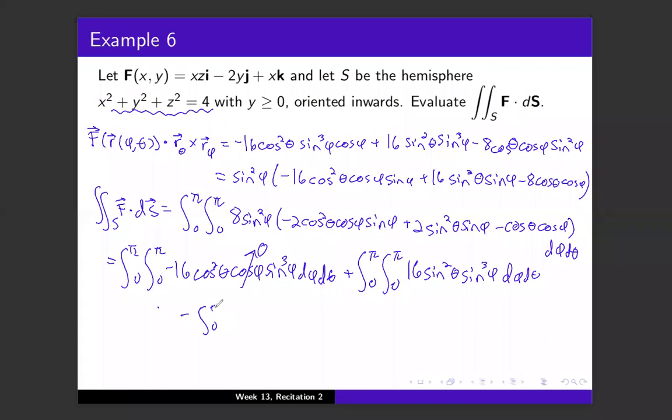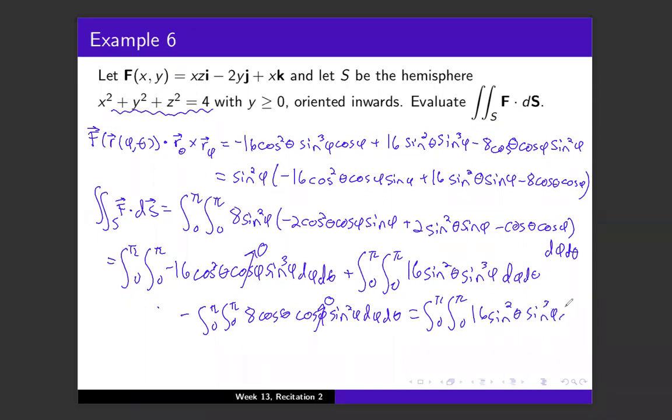Minus the integral of 0 to pi, 8 cosine theta cosine phi sine squared phi d theta, and that is going to go away. So the whole thing we're left with at the end of the day is the integral from 0 to pi, 16 sine squared theta sine cubed phi d theta. And it's actually not terrible to work out what that has to be.